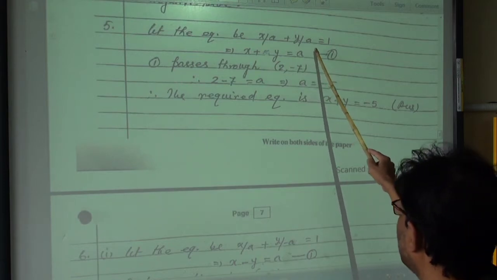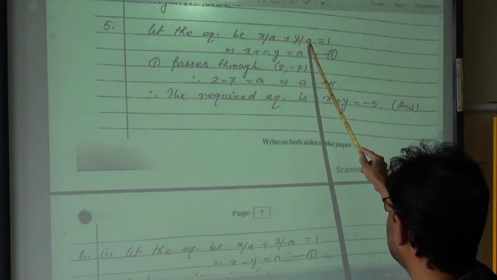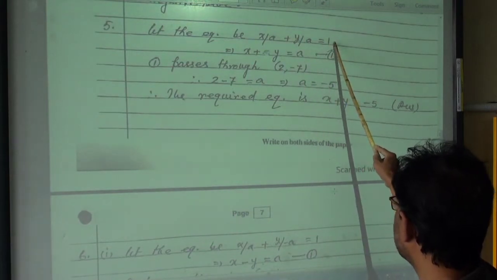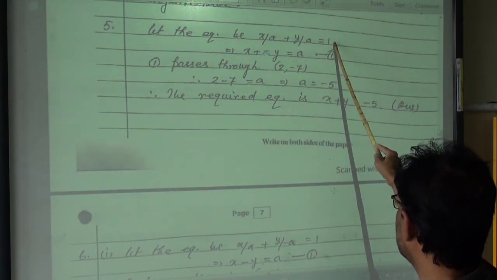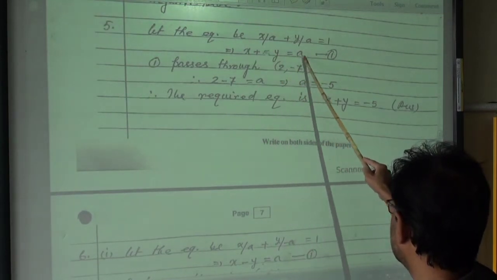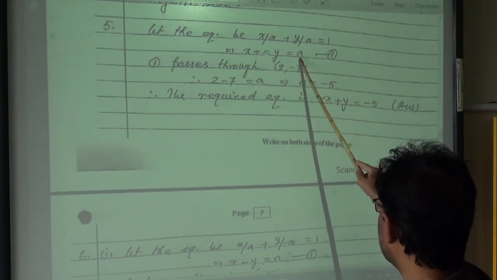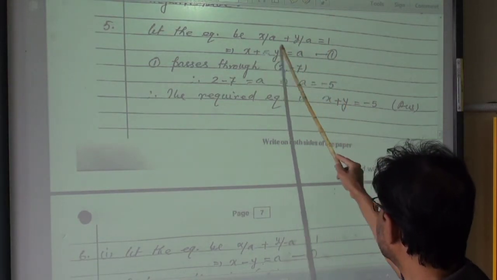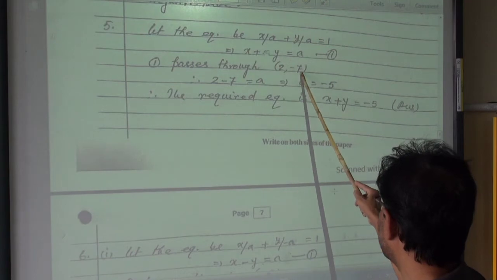So I have assumed the equation as x by a plus y by a, both same, equal intercepts, equal to 1. If you simplify, you will get x plus y is equal to a. It's simple, you can take LCM and cross multiply, or multiply everything by a. This line is passing through the point 2, minus 7.